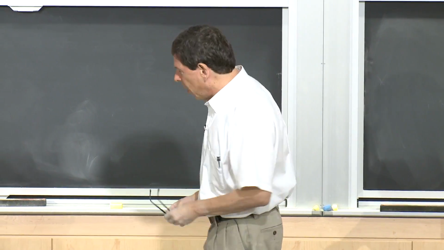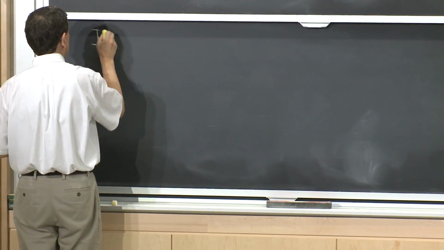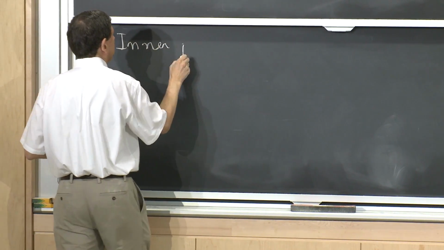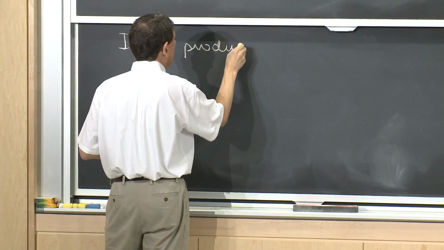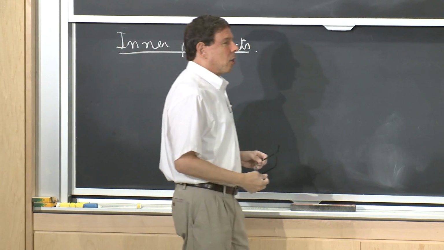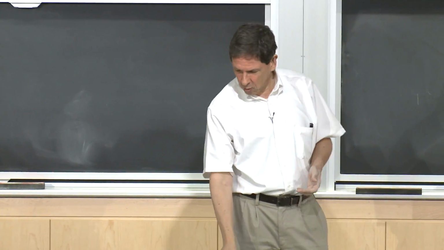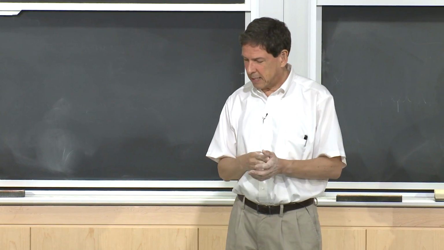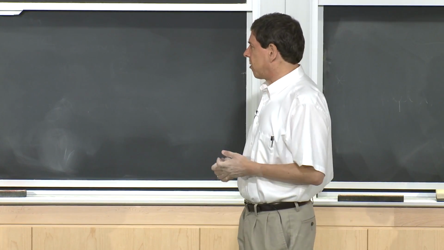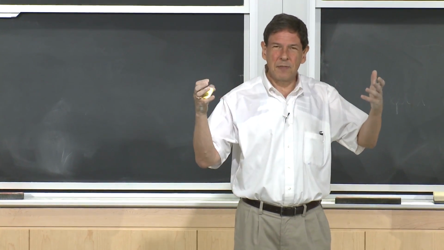So we're talking about inner products, therefore. It all begins with this attempt to define length. So we're going to talk about this thing for real vector spaces first, because this is a case that you all have seen before.